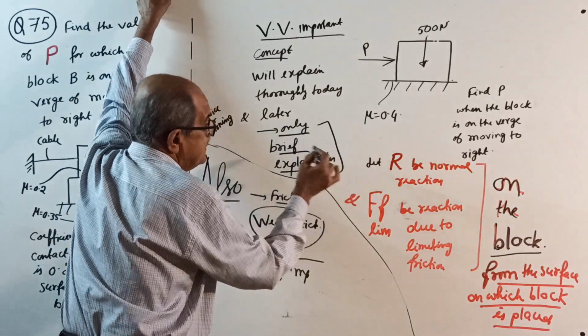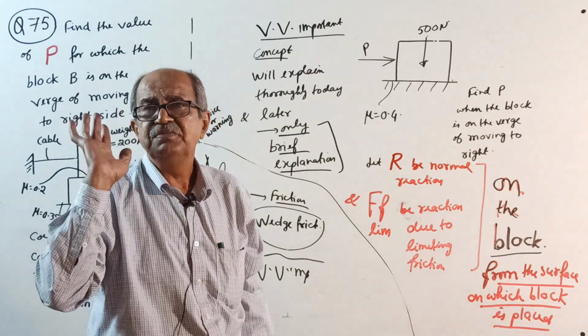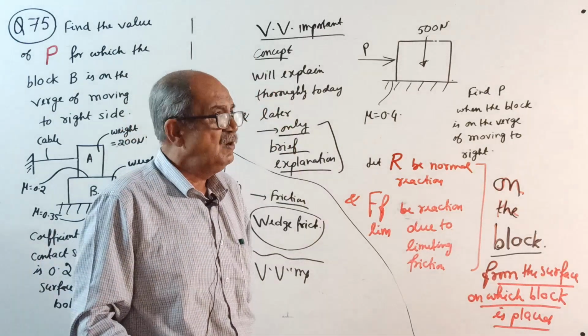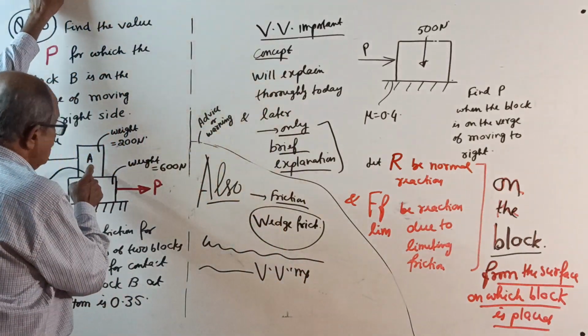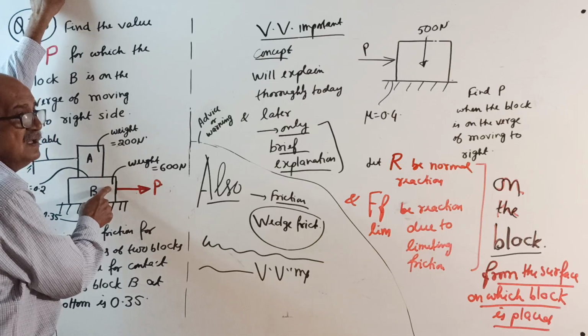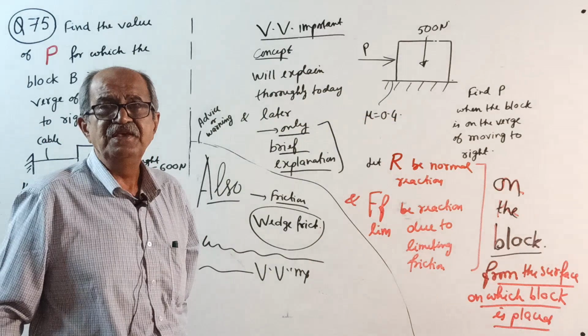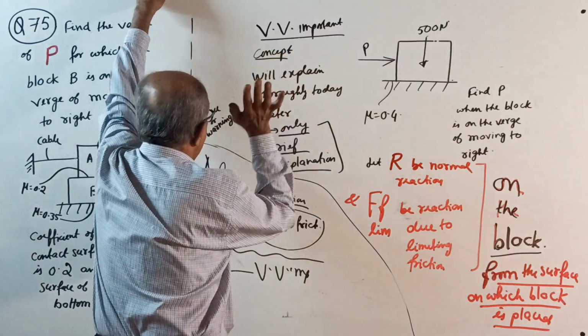If it is not clear, it is your problem. You have not gone through the principal class earlier. I will advise them to go back to the class where I started one block above the other, understand what I tell, then come back here. You will solve it very easily. So, this is a powerful concept.